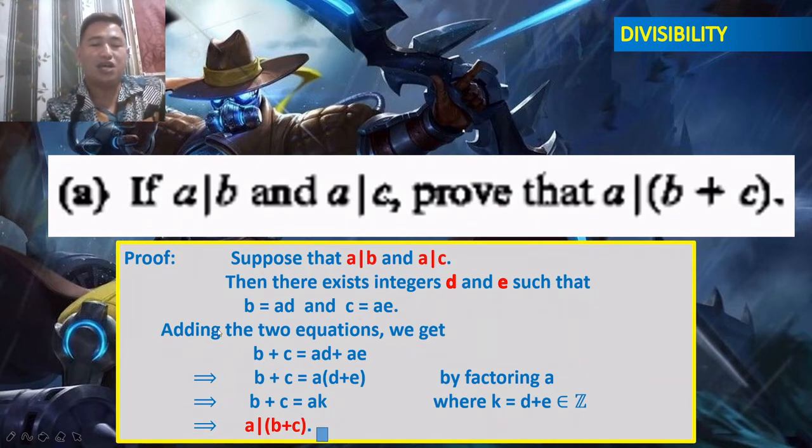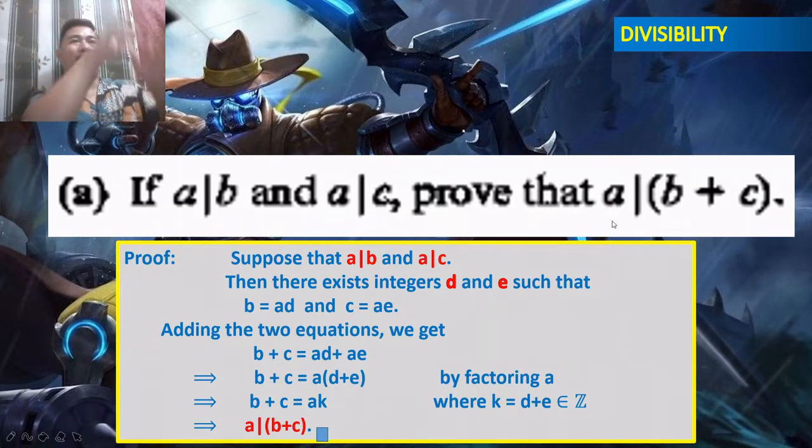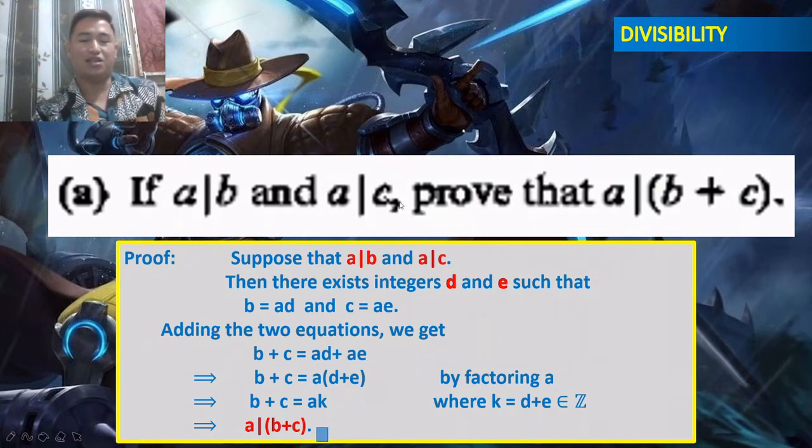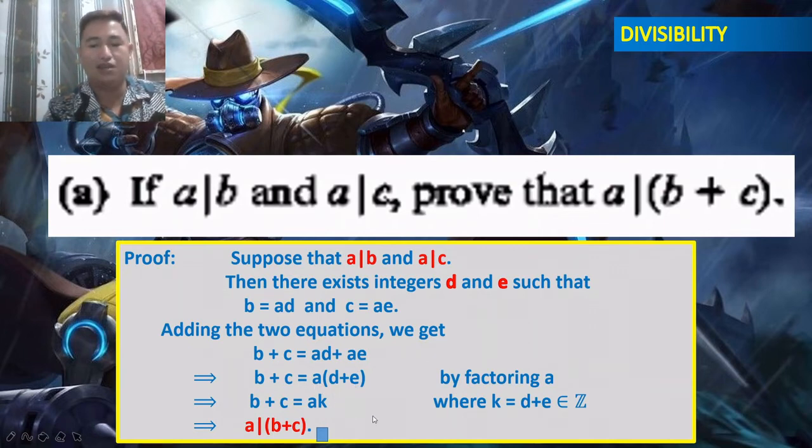So, adding the two equations, we get B plus C. Our goal is to show that A divides B plus C, so B plus C should equal A times something, say AK. So, adding, B plus C is equal to AD plus AE, which implies that B plus C is equal to A times D plus E by factoring out A. Let K be equal to D plus E, and again D plus E is an integer.